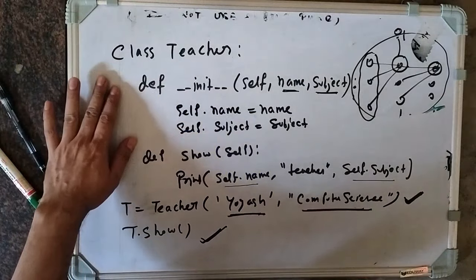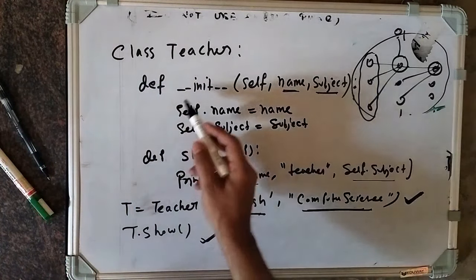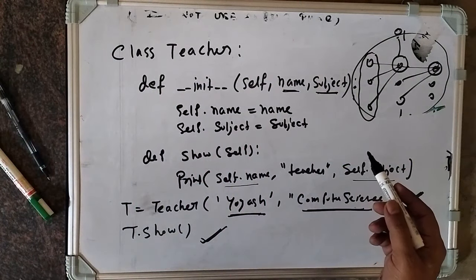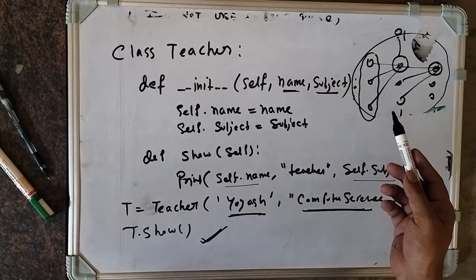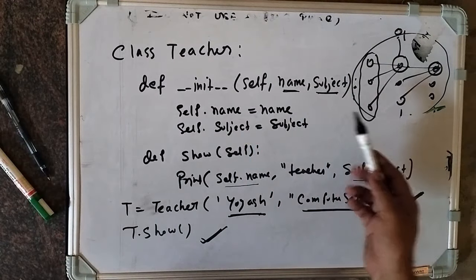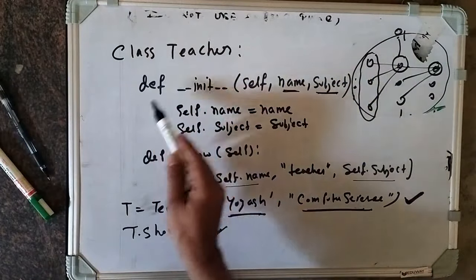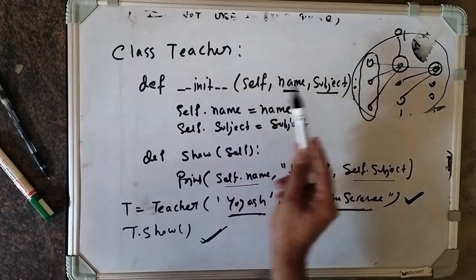Now we will learn about init. This init is a method, or you can say a constructor, which we use to access the specific instance. Here we have written class Teacher, and we created def, meaning a function, a method.